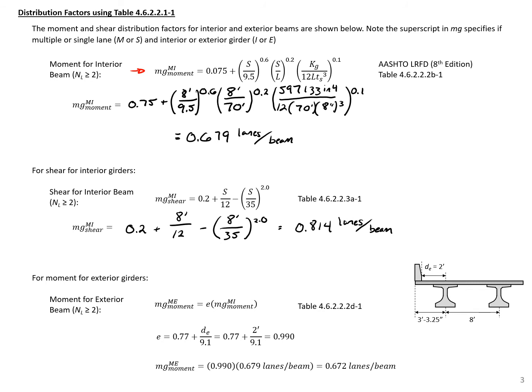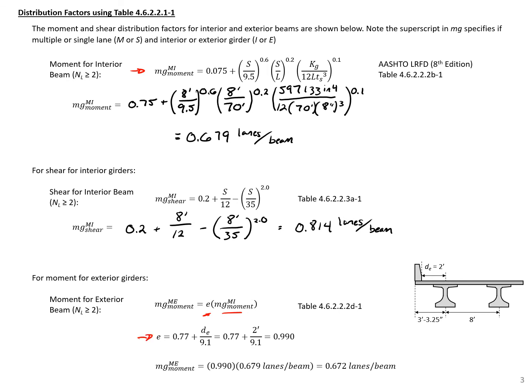The first equation that I'm showing is for the moment for an exterior beam where our number of lanes is greater than or equal to 2. So we'll use our interior moment times this E, and the E can be found using the equation here.